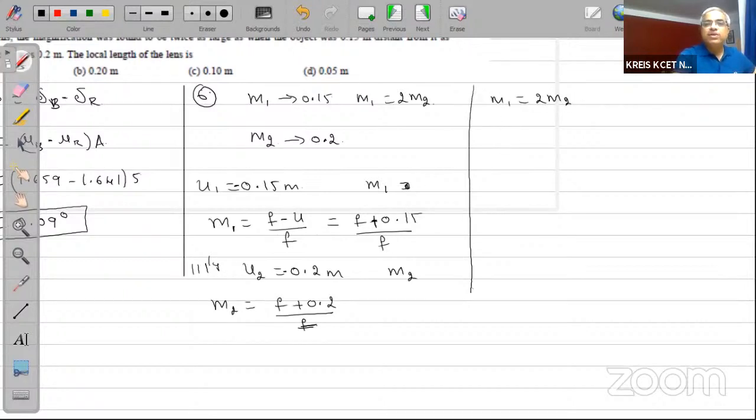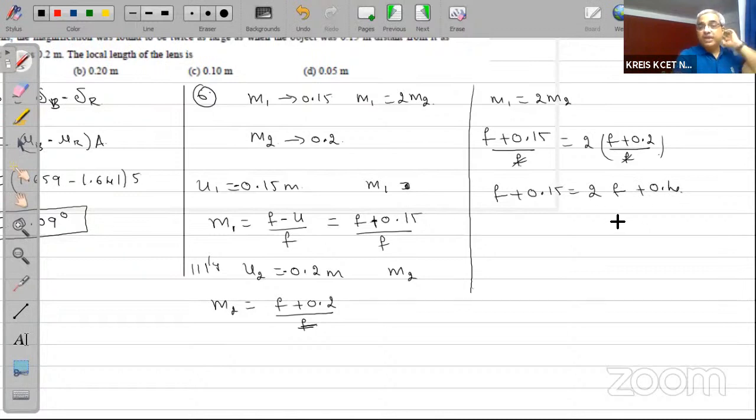So M1, F plus 0.15 divided by F, is equal to 2 times F plus 0.2 divided by F. So F cancel ಆಗೋಯ್ತು ಆಯ್ತಾ. So this now turns out to be F plus 0.15 is equal to 2 into F plus 0.4. So let's basically simplify this and see what happens.